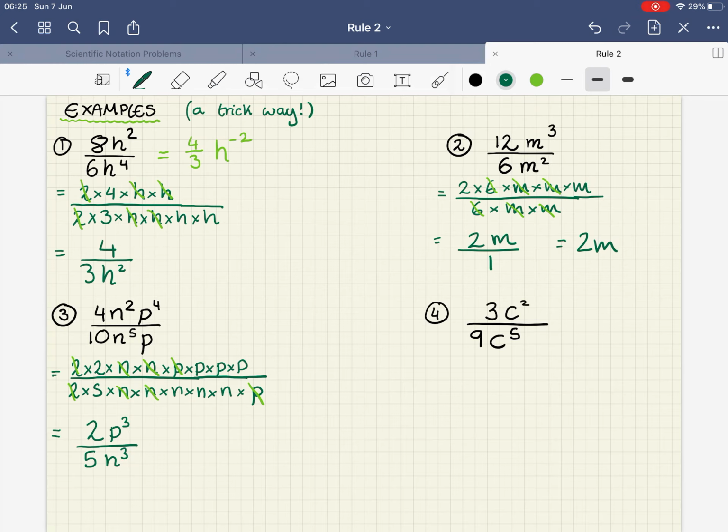Last one then. So this is the one where a lot of people can make mistakes. So my highest common factor of the 3 and the 9 is 3. So the top's just going to stay as 3, and the bottom will be 3 times 3. And then I've got 2 c's on the top and 5 c's on the bottom.